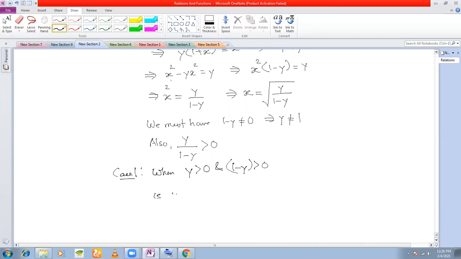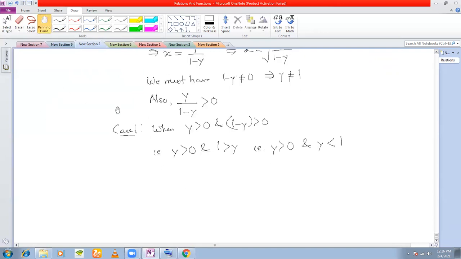That is, y must be greater than 0 and 1 minus y must be greater than 0, so y must be less than 1.